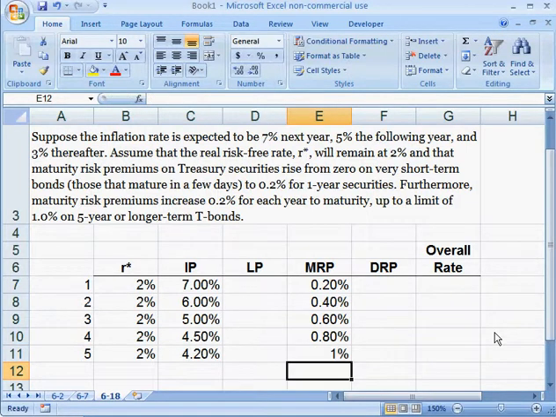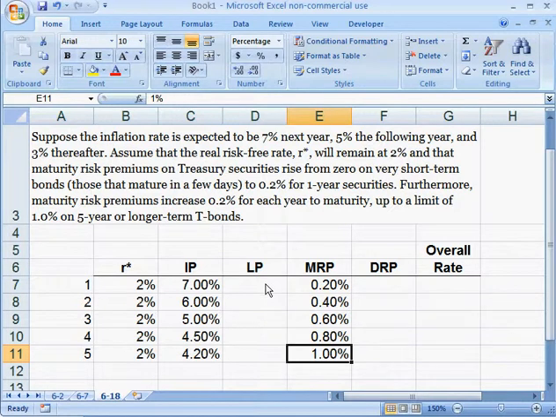Now, I said I would only go 5 years. If you went up to 10 years on these bonds, that 1% would remain the same based on what it was telling me. Now, we're looking at something here that doesn't have any information on liquidity risk premium or default risk premium, because it is a government bond.